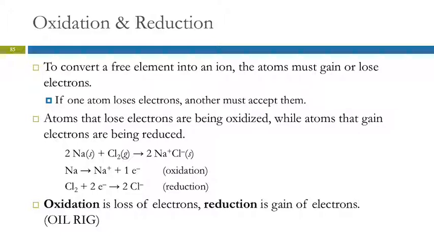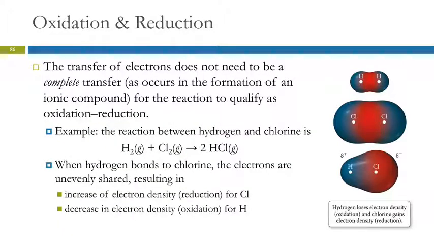So that's complete transfer of electrons making ions. We can also have an incomplete transfer of electrons, where the electron is not transferred from one to the other, but the electron density shifts and becomes lopsided.